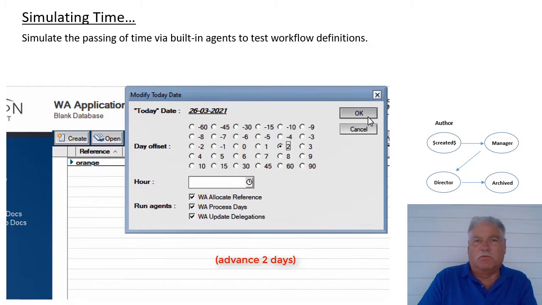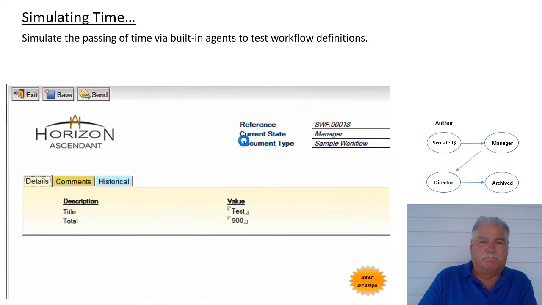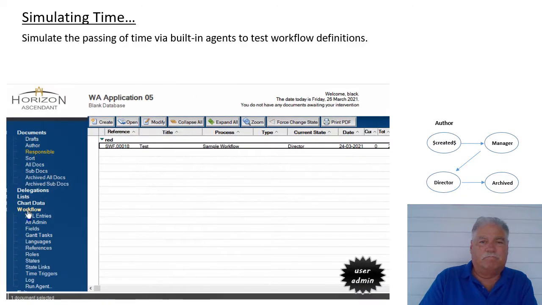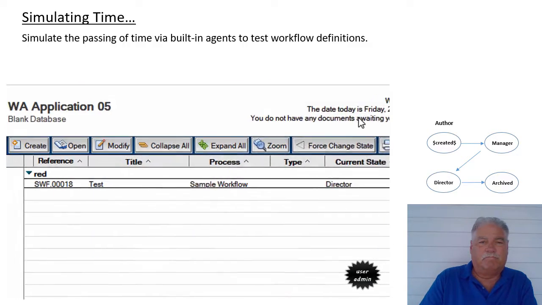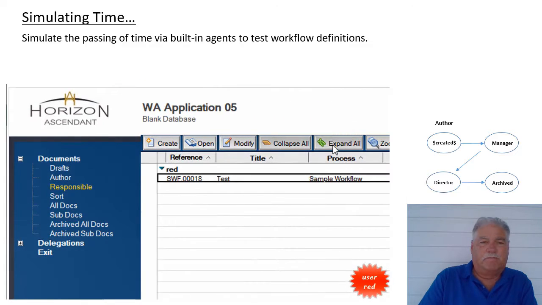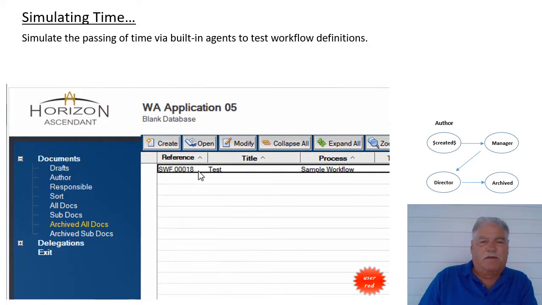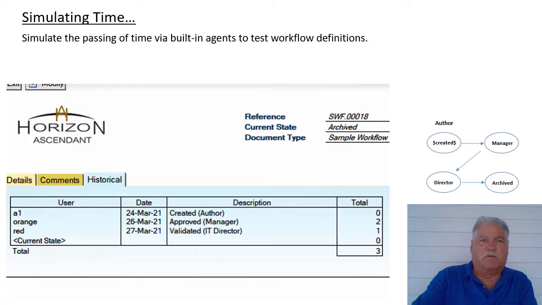And at the end, we will display the historical log. And that is the last step in the process. And as you can see here, both the date and the number of days at each state were updated accordingly.